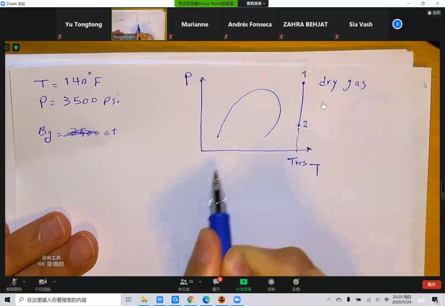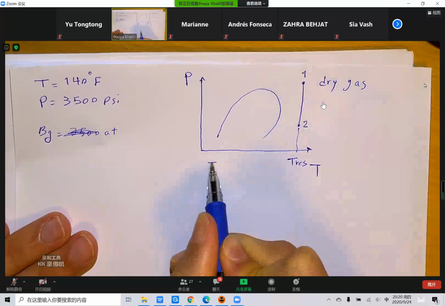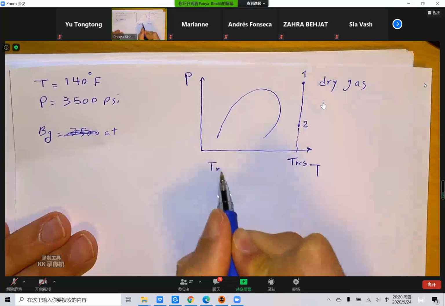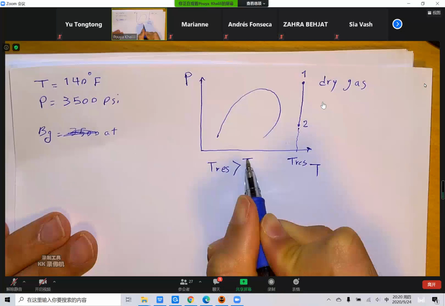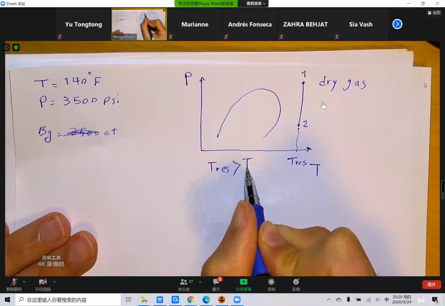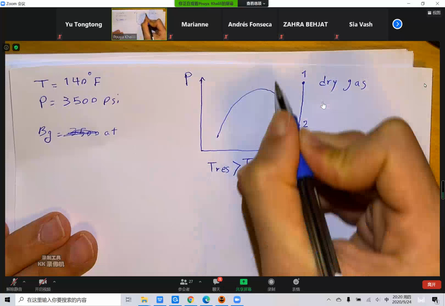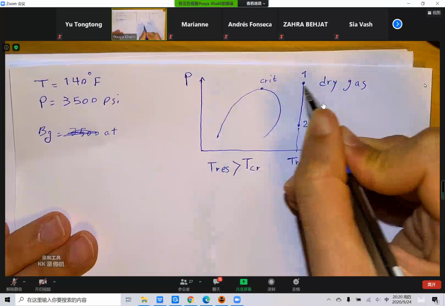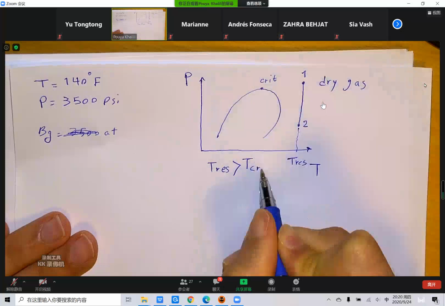In the dry gas, as you know, the reservoir temperature is higher than the critical temperature here. As you can see, the reservoir temperature is higher than the critical temperature.